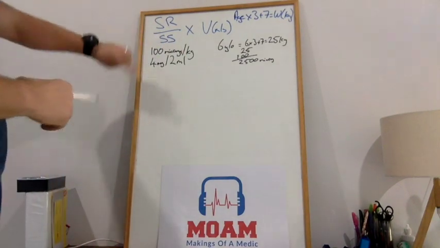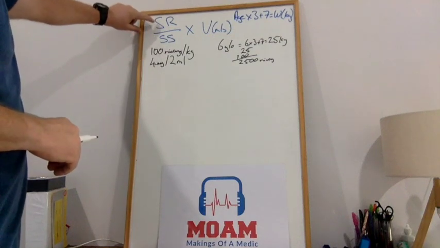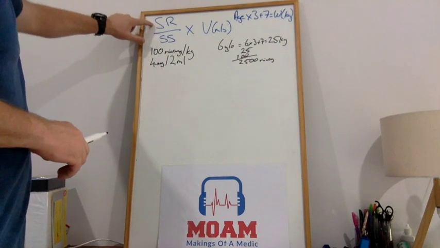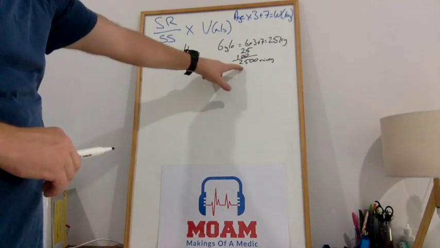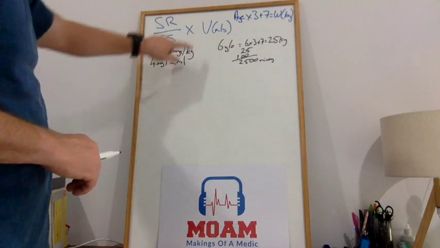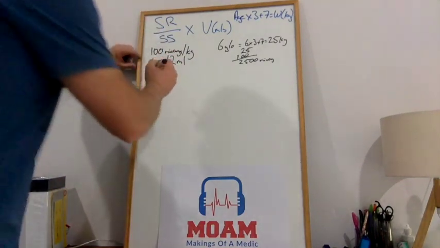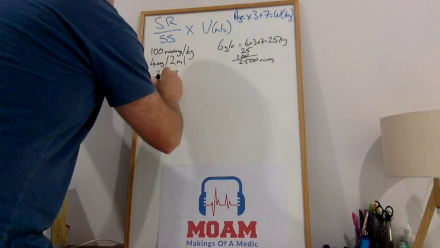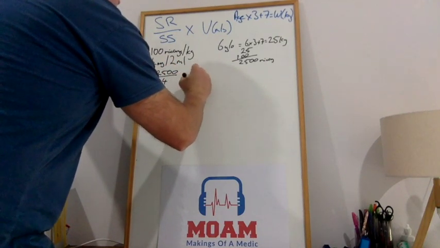If we revert this back to the original equation, stock required over stock strength times volume, the stock required is going to be 2,500 mics, stock strength is 4 milligrams, volume is 2 mils. So we write that into the equation: 2,500 divided by 4 times 2.